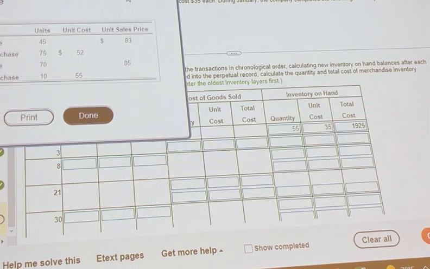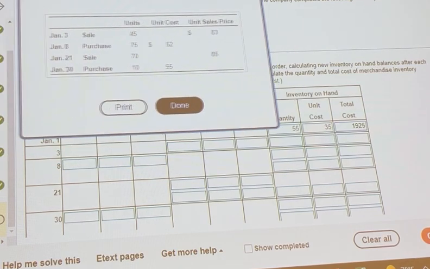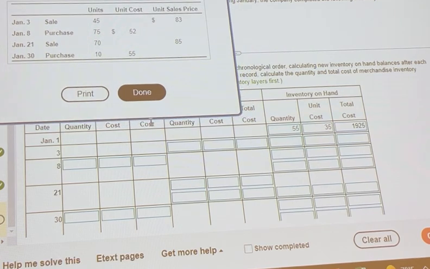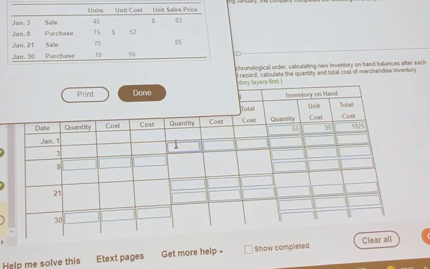Okay, then on the 3rd of January, the data table says that they had a sale, and so they sold 45 units.